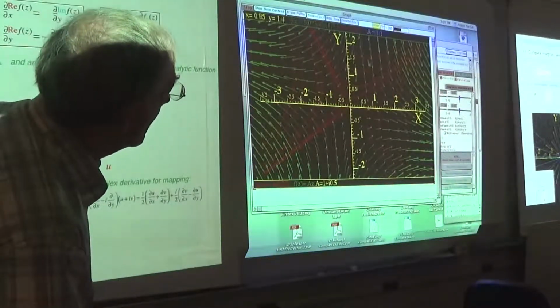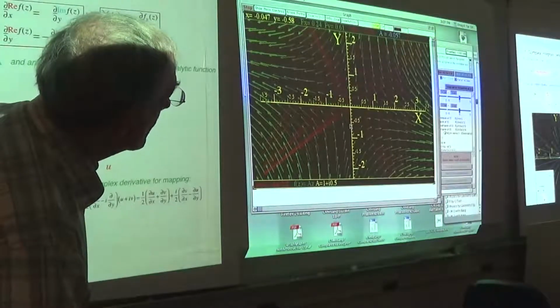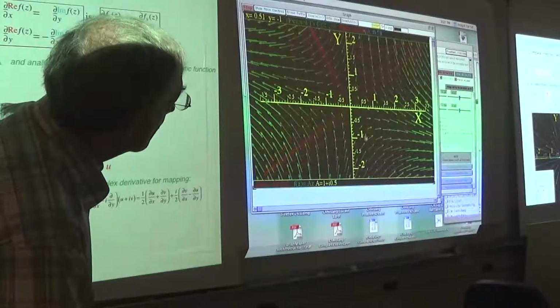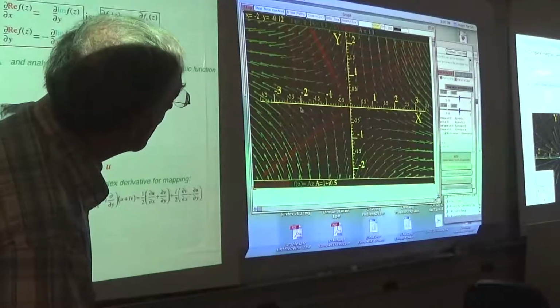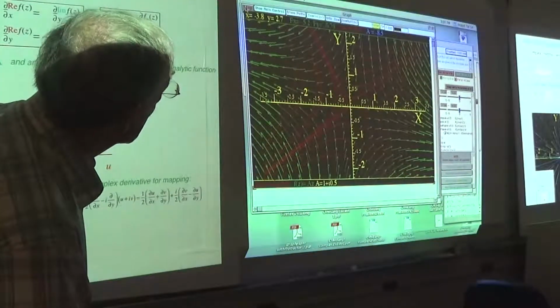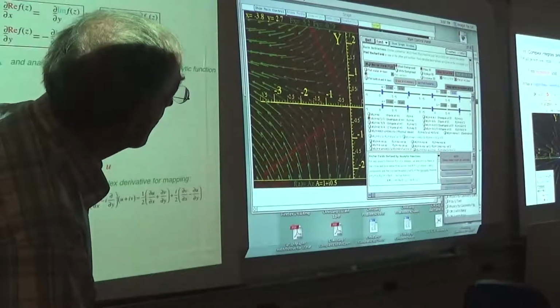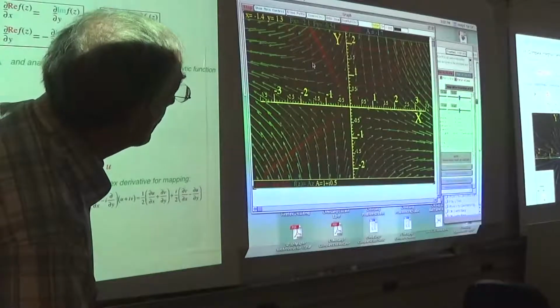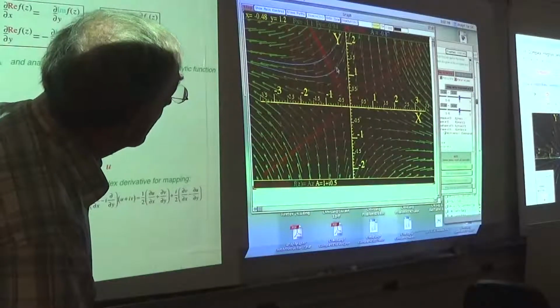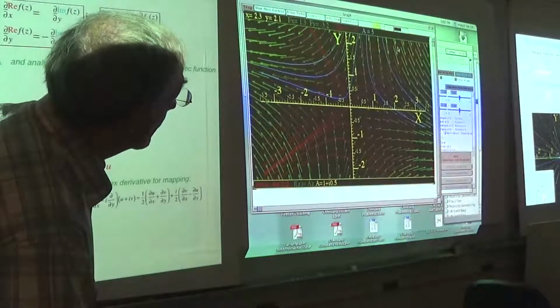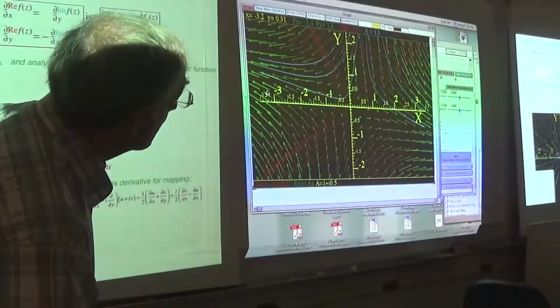This thing has had a new constant put on so that the axes of this have all changed to a new place. And of course the streamlines that go with this are also hyperbolas, as you remember, but now they're tipped so that they match the rotation of this coordinate system that has been done by a complex number.